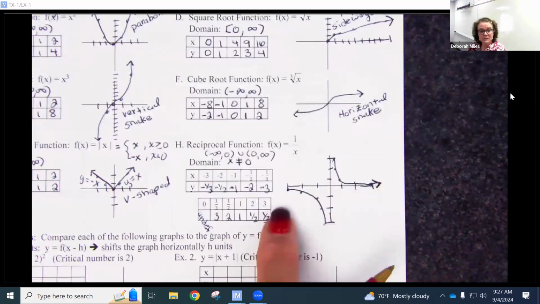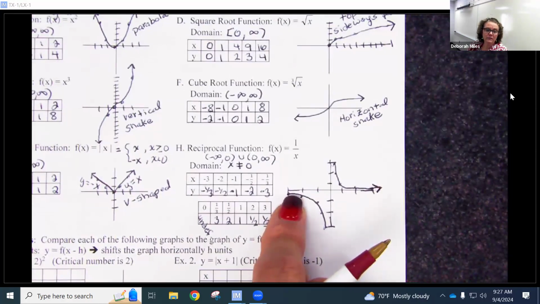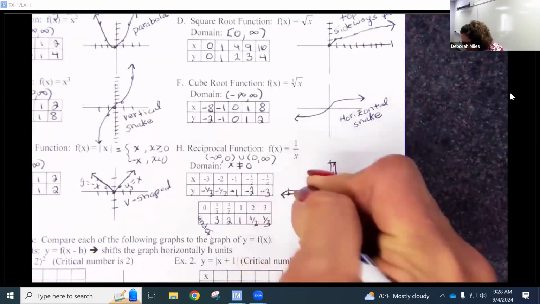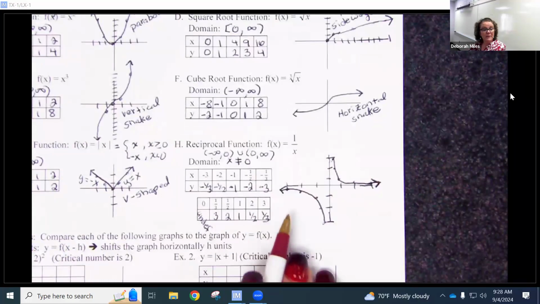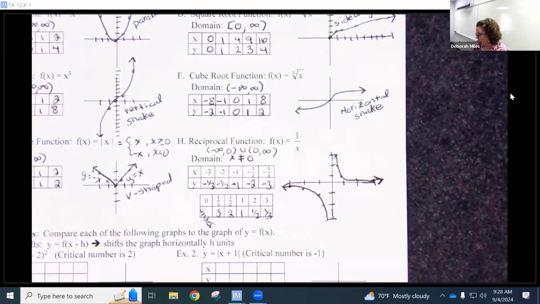The same thing happens to the left of the graph as you take the reciprocal of smaller and smaller negative numbers. You get numbers closer and closer to 0 again, but they're never going to be 0, and they're never going to be positive. They're not going to cross the x-axis.